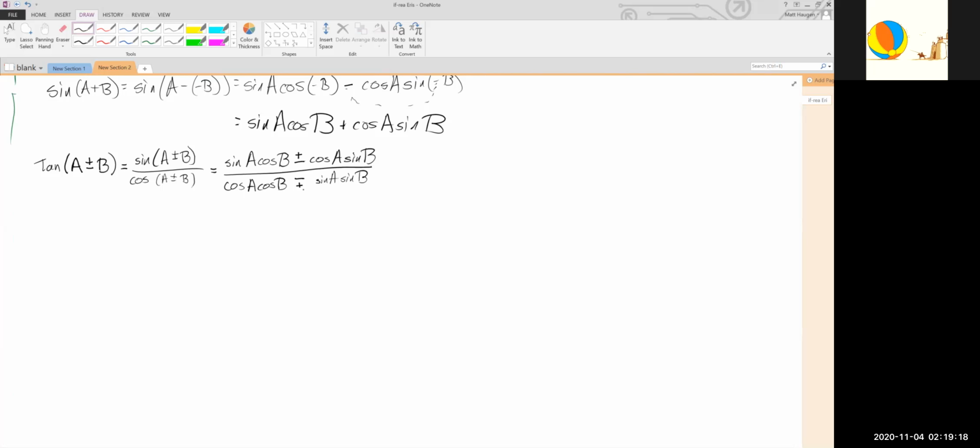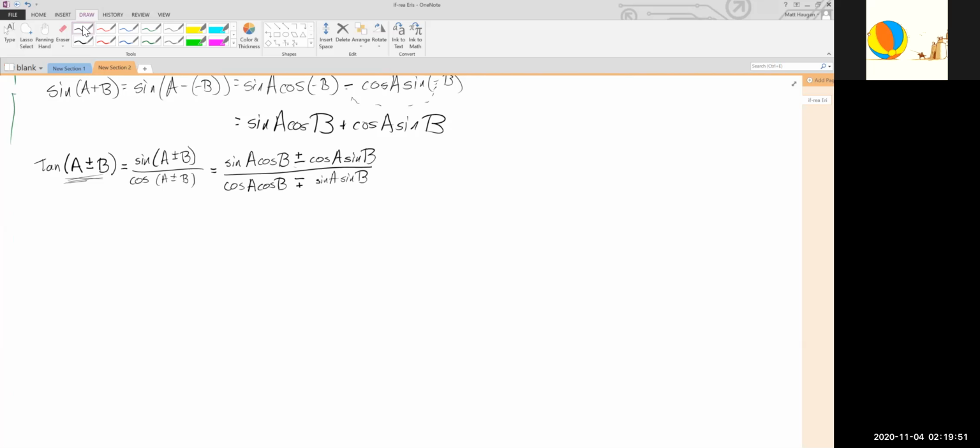It's switched for that association. This plus or minus is the same as that plus or minus. But when this is a plus, the numerator is a plus, but the denominator is a minus. When this is a minus, the numerator is a minus, the denominator is a plus. So be careful about that. You'll often see that notation, and I wanted to make sure you got a talking through on it.